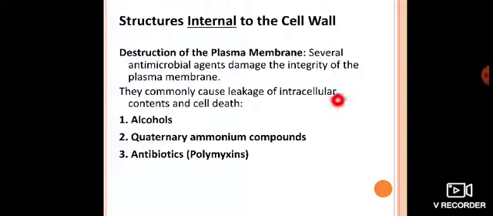So here we know the mechanism of action of that antimicrobial agent. The common cause is leakage of intracellular components and death occurs.